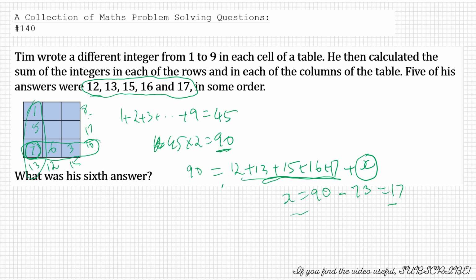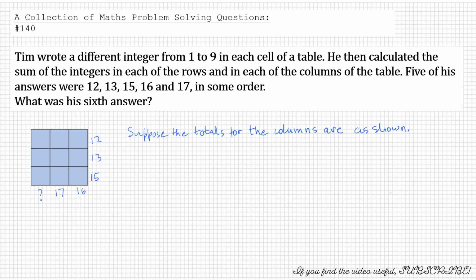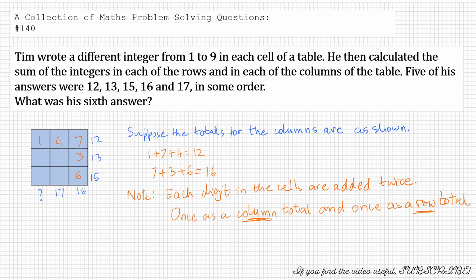So that's in a sense how we proceed with this question. That's what I did here. I wrote down that if you have these as the totals, and suppose the totals for the columns are as shown, and here 1 plus 7 plus 4 is 12, and also 7 plus 3 plus 6 is 16, and each digit in the cells is added twice. Once as a column total and once as a row total. So here again the 7 is added twice.